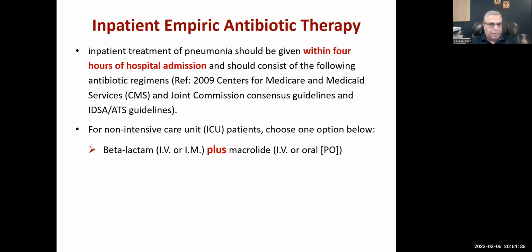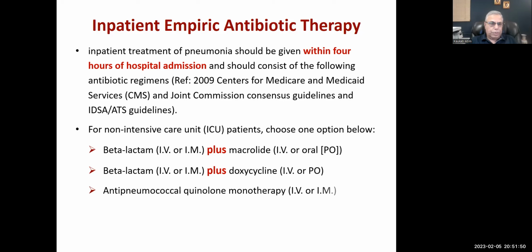Same as before, no difference. But it's IV or oral macrolide. Beta-lactam plus doxycycline. Now we are going to intravenous choices. Obviously in outpatient, we cannot give intravenous. Or anti-pneumococcal quinolone monotherapy.